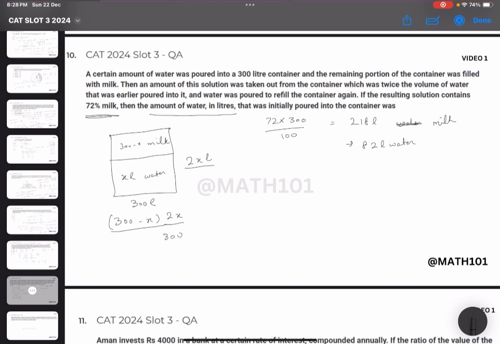To get the amount of milk which is left, we'll just do 1 minus 2x by 300. This is the amount of milk left in the solution, and this is 218 liters.